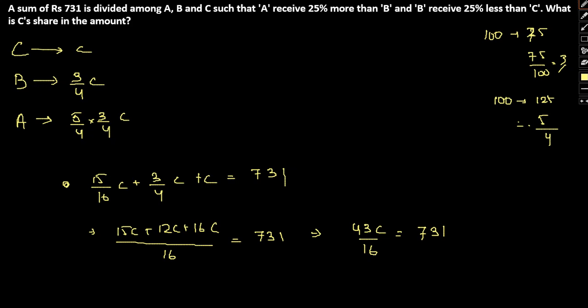Okay, so now if we try to cancel this out, 731 divided by 43 comes out to be 17. So therefore C will be 17 into 16. So 17 into 16 would simply give us 272, which is our final answer.